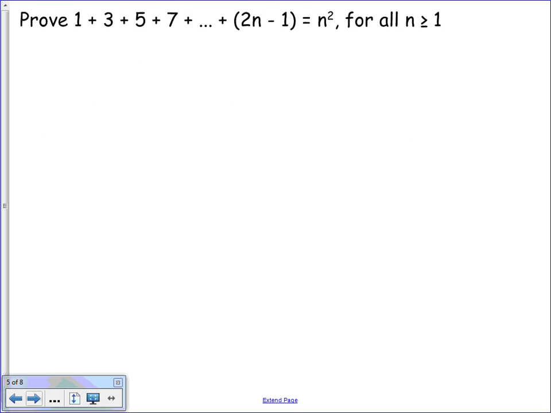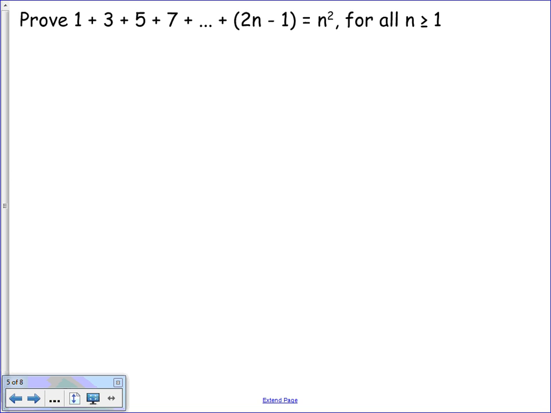Okay, so here's our first formula that we're going to prove. We're going to prove that 1 plus 3 plus 5 plus 7, and so on, is equal to n squared for all n greater than or equal to 1. We have to make a general statement.